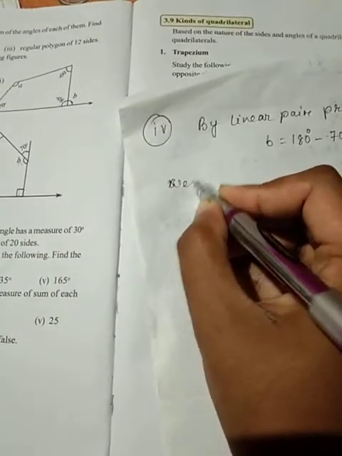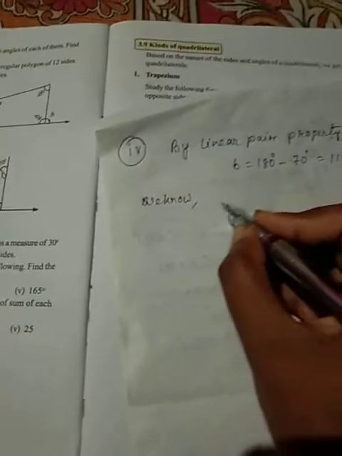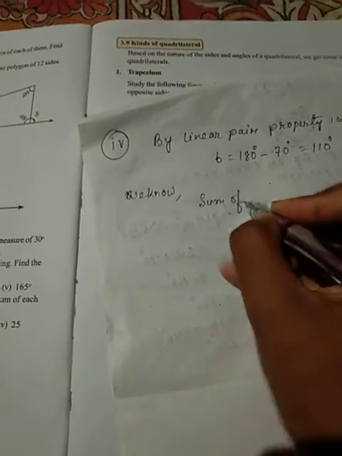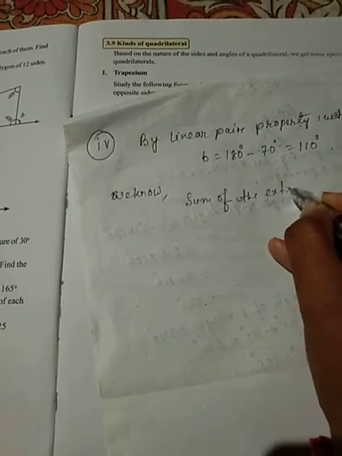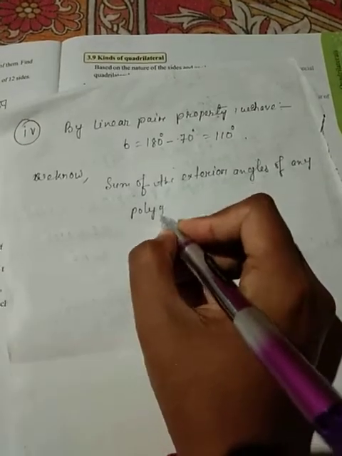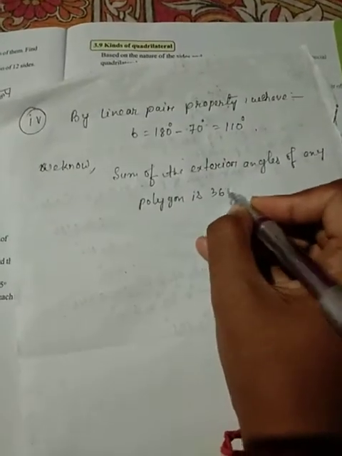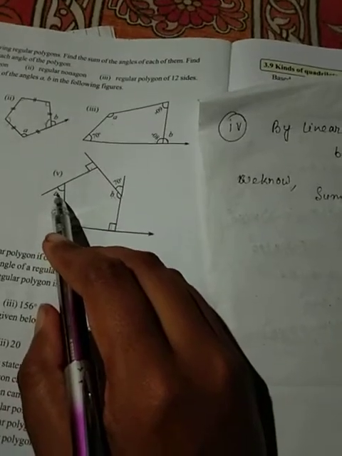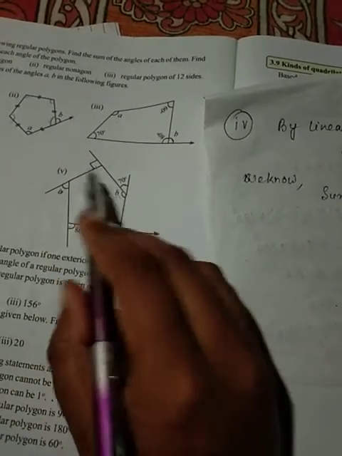Now we know the sum of the exterior angles of any polygon is 360. So by this formula we find the unknown quantity A. So we know the exterior angles of any polygon sum to 360.